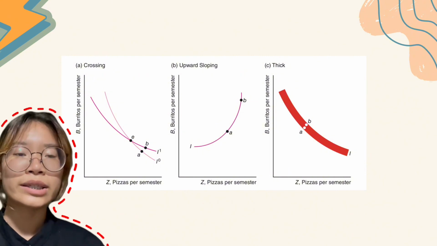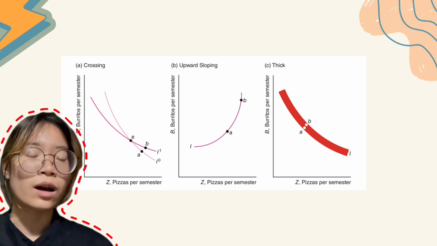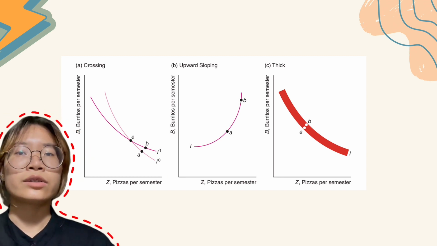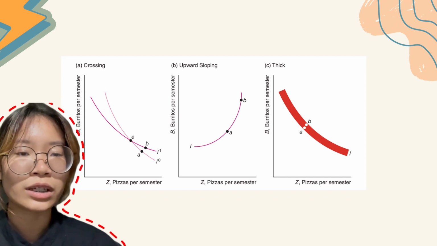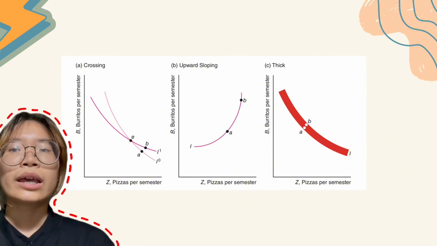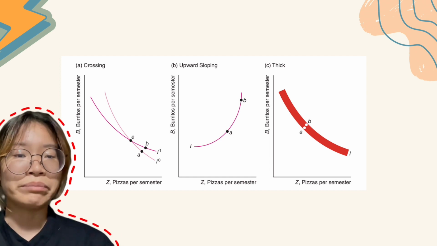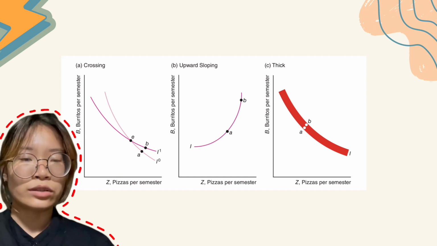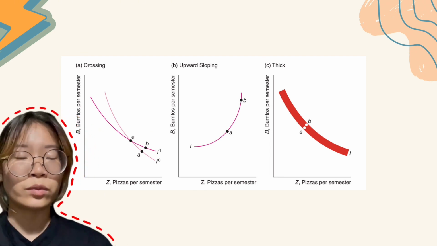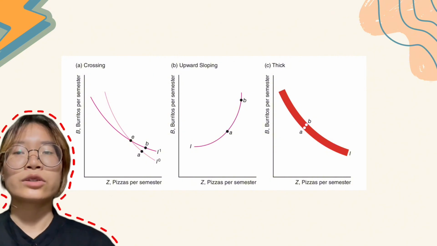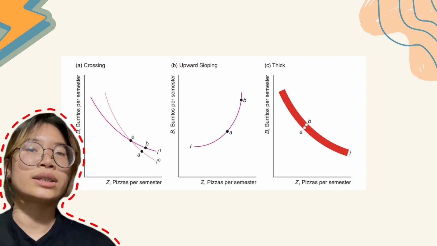Picture A, crossing. Suppose that indifference curves cross at bundle E. The consumer is indifferent between E and A on indifference curve I0 and between E and B on I1. So, if the consumer is indifferent between E and A, and between E and B, the consumer must be indifferent between A and B due to transitivity.